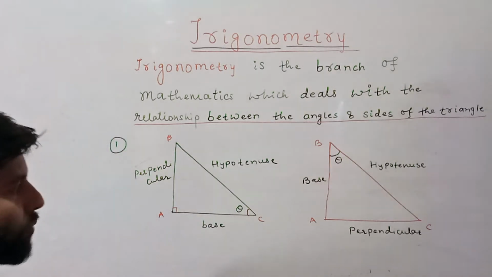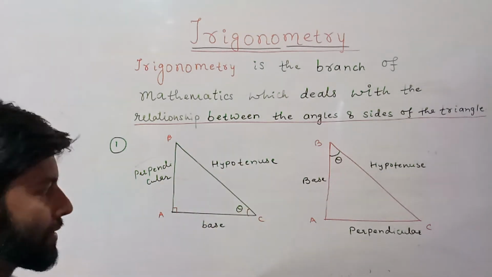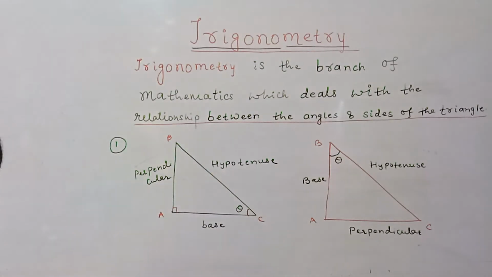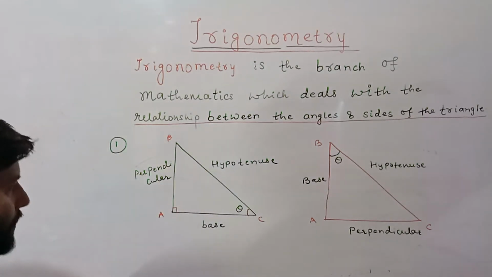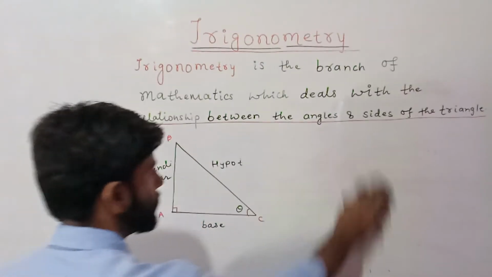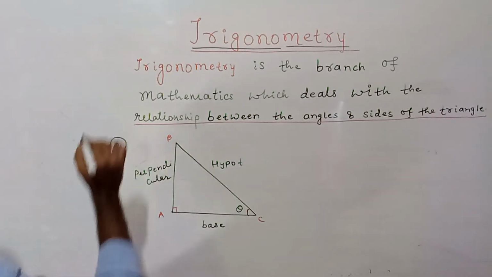Now the second point will be the relation between perpendicular, base and hypotenuse. I mean Pythagoras theorem. So our second point will be Pythagoras theorem.